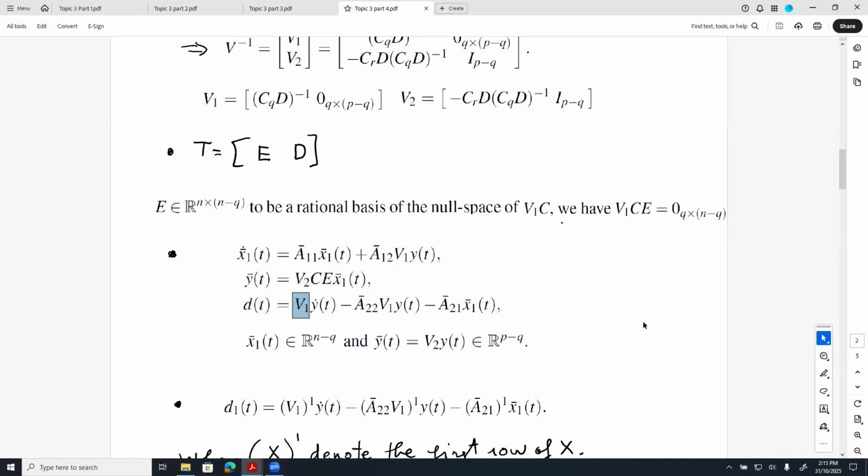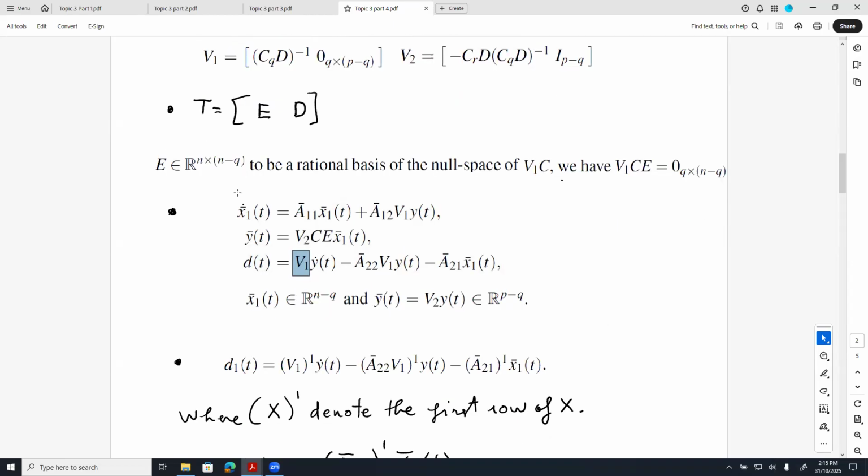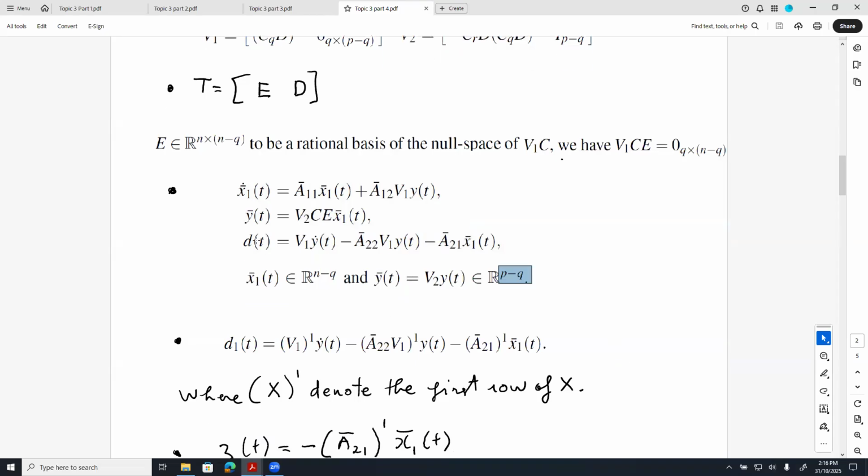All right. And this reduced order system is disturbance-free. It has the dimension of n minus q. And this output measurement vector is a linear combination of the original measurement vector, but it's of dimension p minus q.